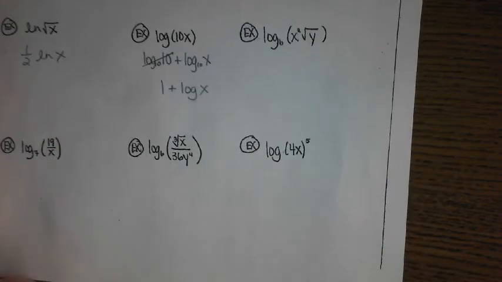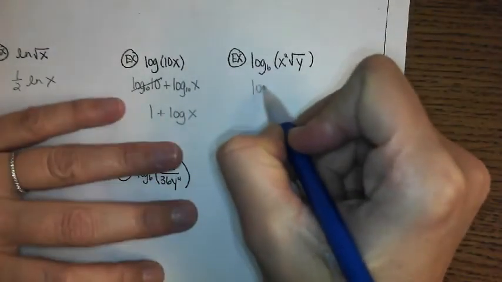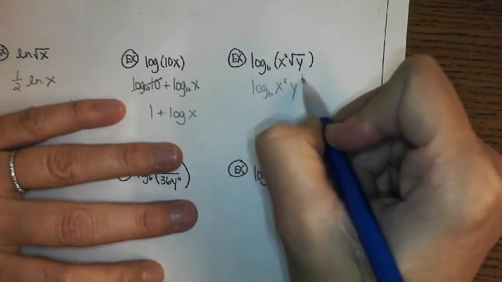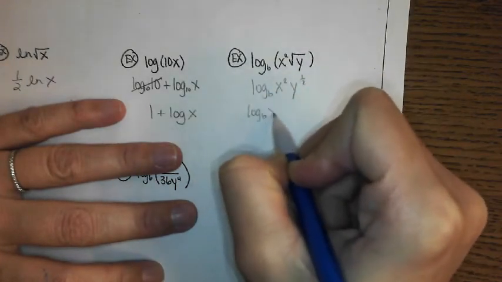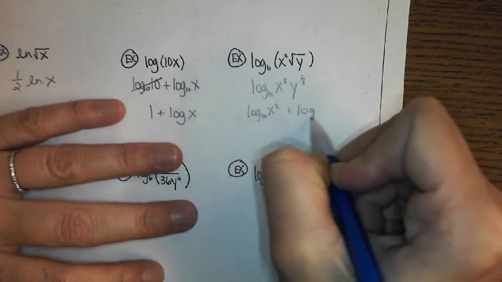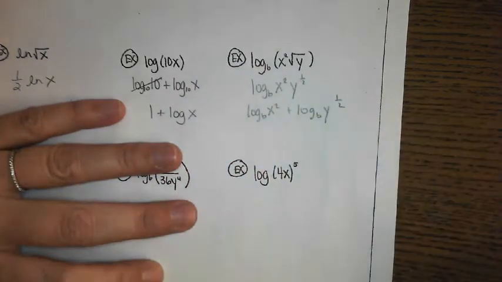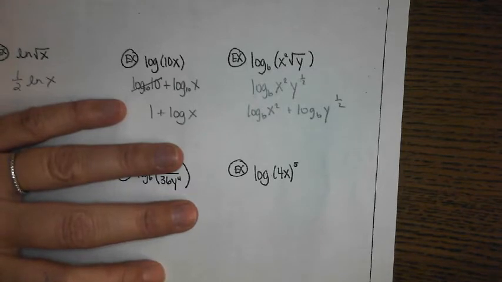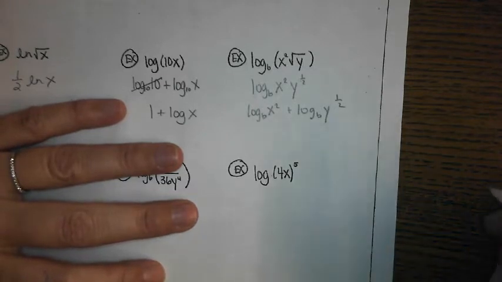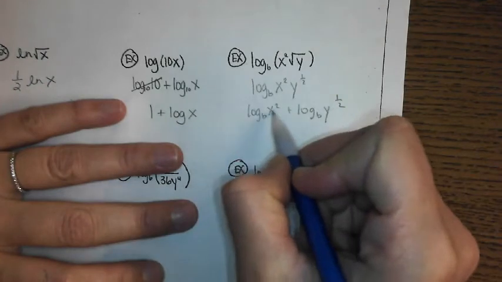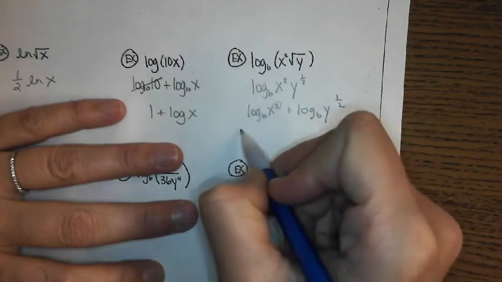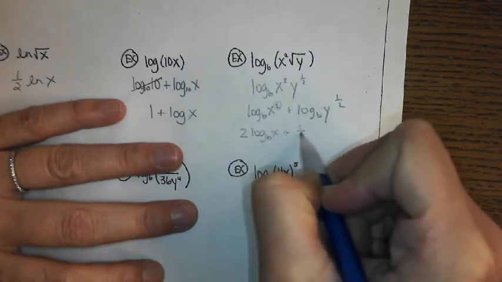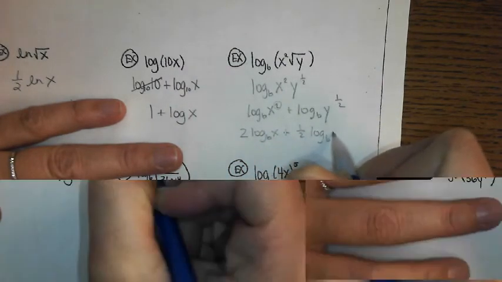Mackenzie? Anybody disagree? Trista? Right, you're just not quite done. 2 log base b of x plus a half log base b of y.